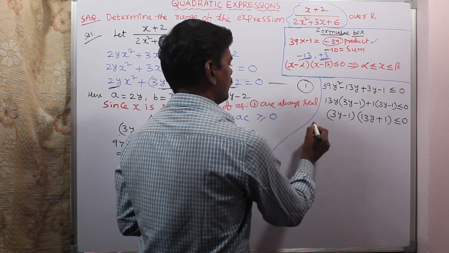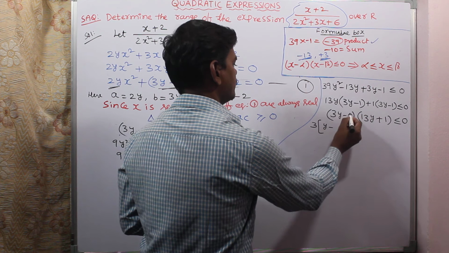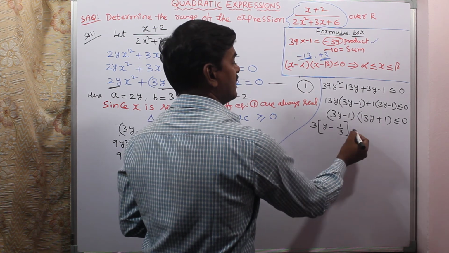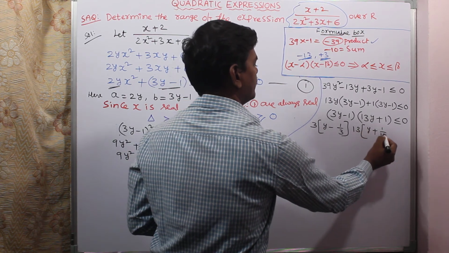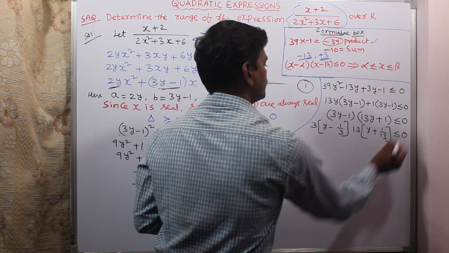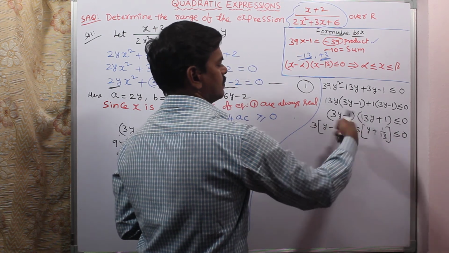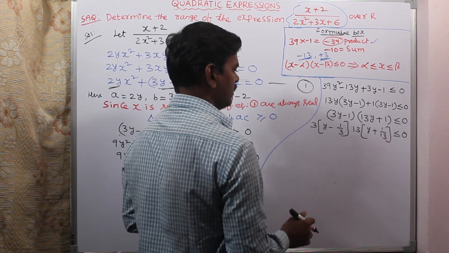By taking 3 common here, we get y minus 1 by 3, and by taking 13 common, we get y plus 1 by 13, less than or equal to 0. The 3 into 13 is not required on this side, because transposing from LHS to RHS it becomes 0 divided by something, which is 0, no need to worry.